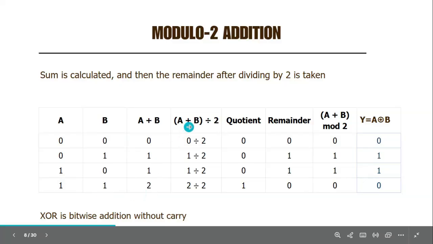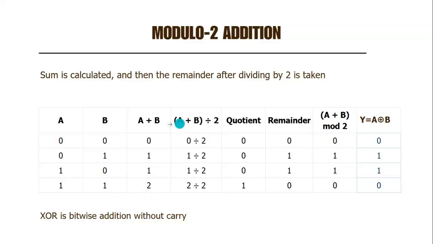In the next column, A plus B is divided by 2 and the corresponding quotient and remainders are recorded. When 0 is divided by 2, we get a quotient 0 and remainder 0. When 1 is divided by 2, again we get a quotient 0, but remainder will be 1 in this case.